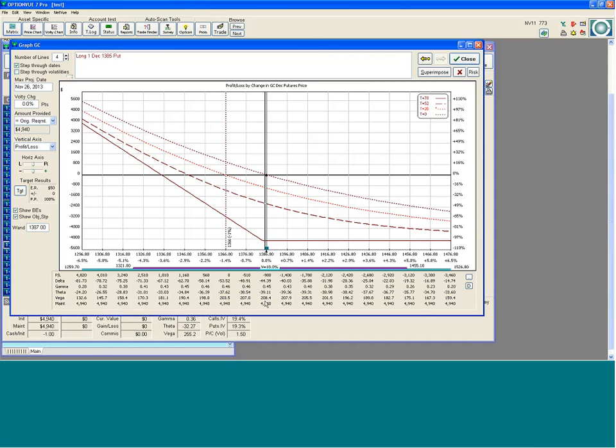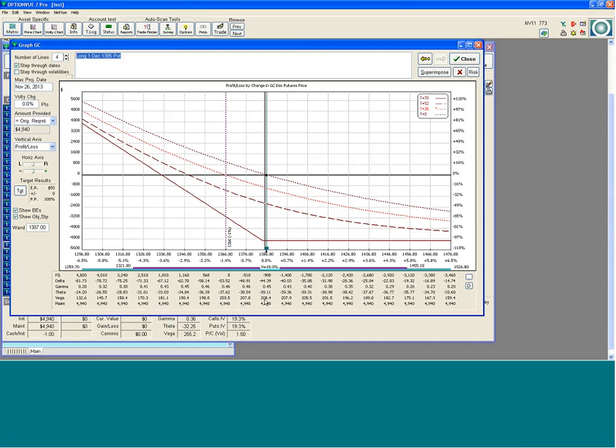The vega factor in dollars is telling us that this 1385 December put that we purchased is affected by the tune of $208, depending upon whether implied volatility increases by 1 percentage point or whether implied volatility decreases by 1 percentage point.